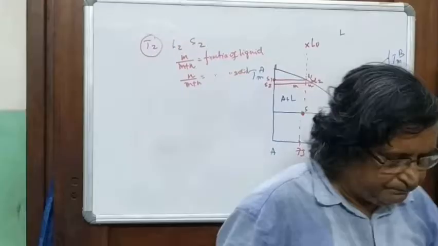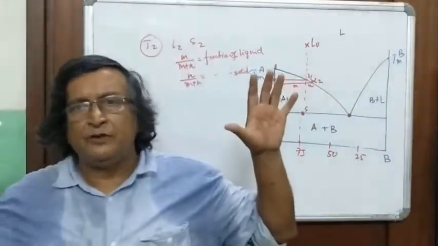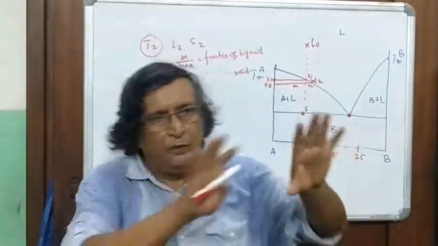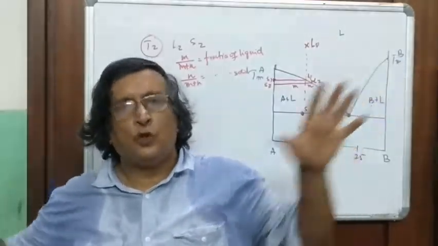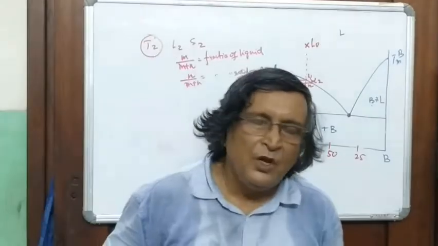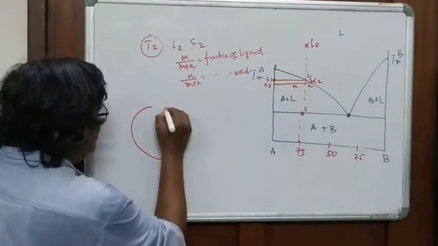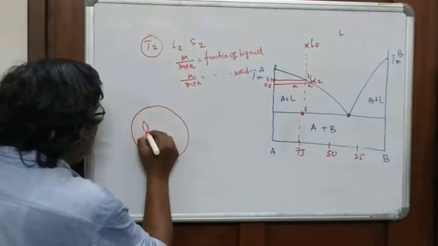Now see, at this point, if we had a stroboscopic camera, which takes continuous photos of what is happening, what would we see? We will see the following.